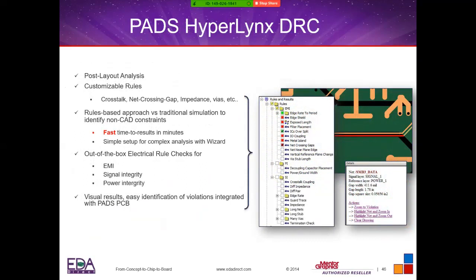Maybe you want to check, do I have impedance problems with differential pairs? Do I have traces that go over multiple power planes that I need to check? Do I have long stubs? Do I have traces with too many vias? Do I have metal areas that are floating around? So you've got a whole bunch of EMI, PI, and SI checks that you can run separate from your DRC that you would run for spacing and connection violations.